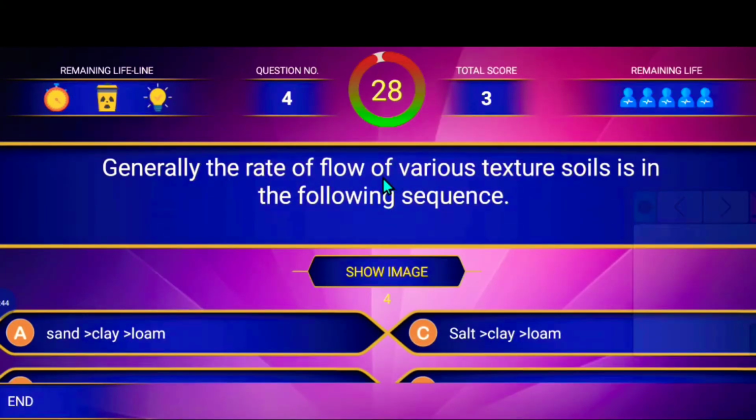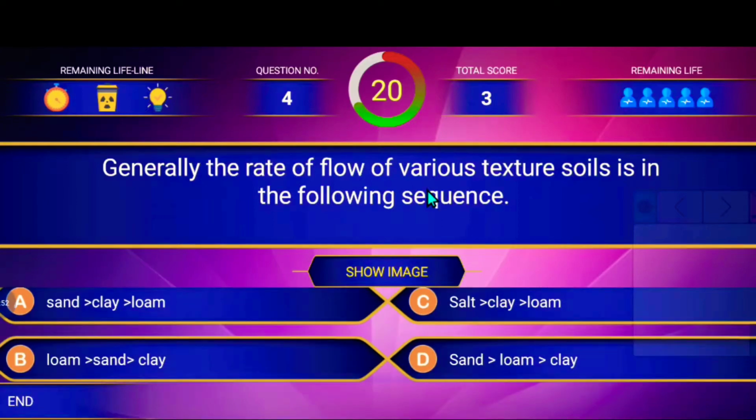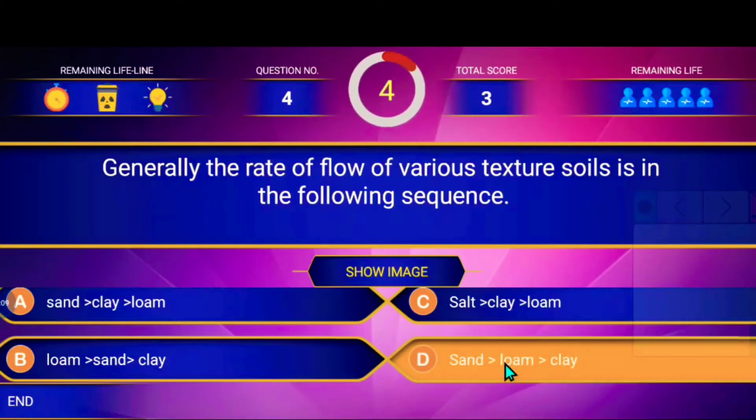Generally, the rate of flow of various texture soils is in the following sequence. The options are: first one is sand, clay, loam. Second one is loam, sand, clay. Third option is silt, clay, loam, and the last option is sand, loam, and clay. So the correct option is sand, loam, and clay.